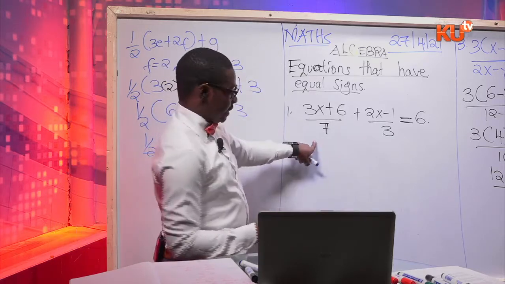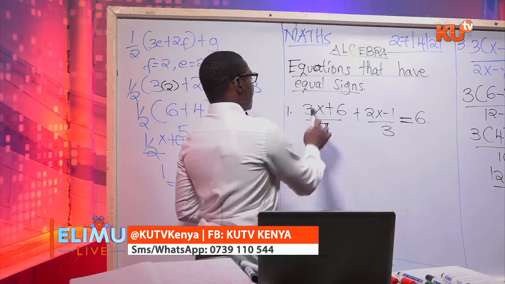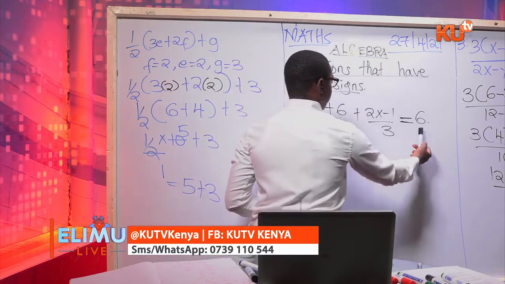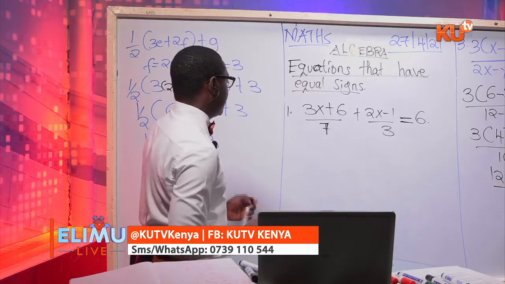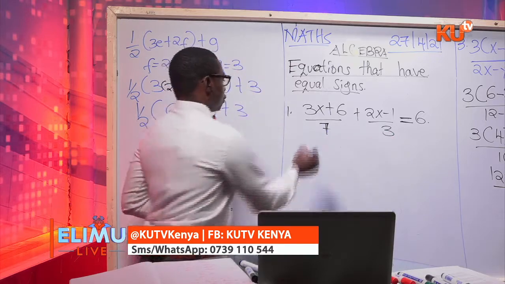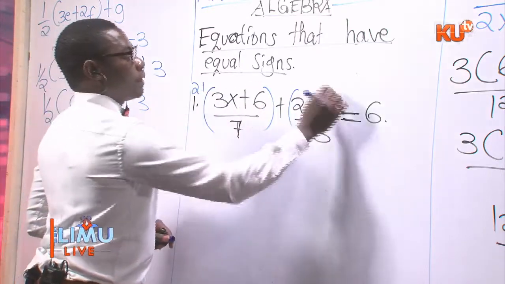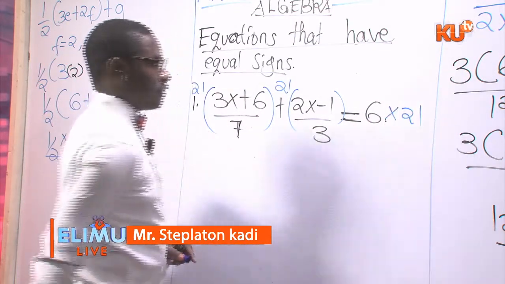After you get the LCM, you multiply both sides by the LCM. So you multiply the first part by the LCM, the second part by the LCM, and the other side of the equal sign by the LCM. Let's do it practically. The LCM of 7 and 3 is 21. So multiply by 21 here, multiply by 21 there, and multiply by 21 there.